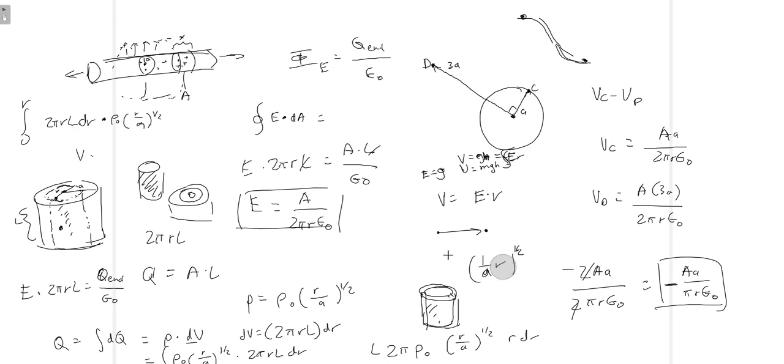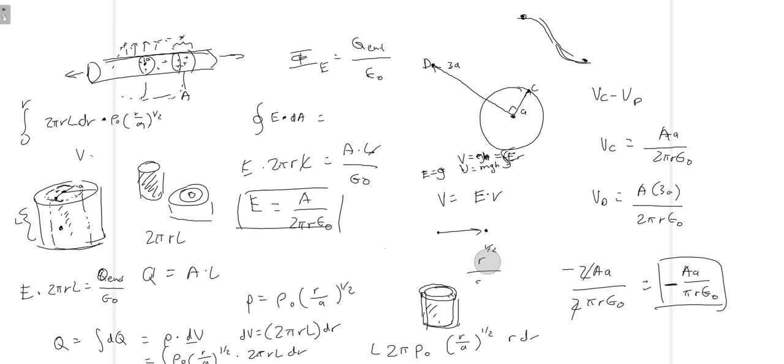If we integrate this by parts, we say u is r, then du equals dr. Can I bring in the r first?